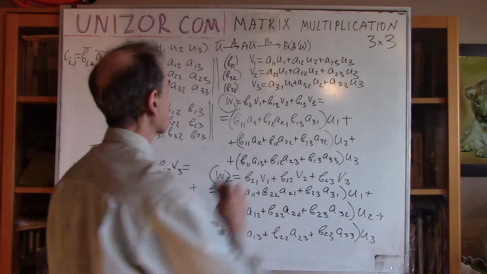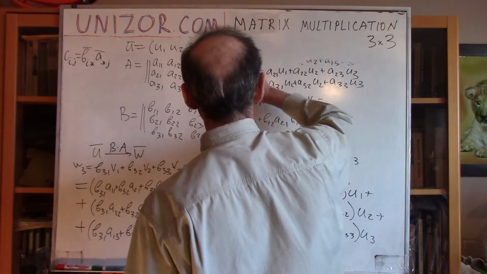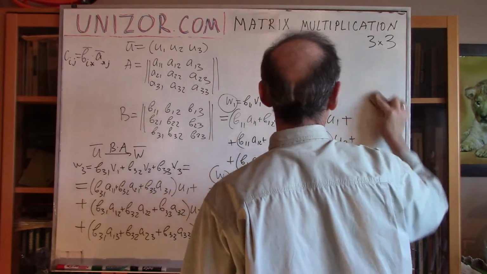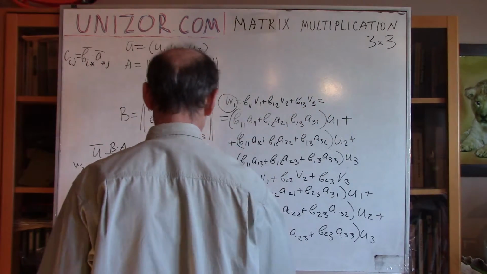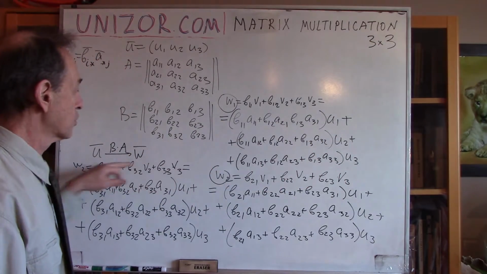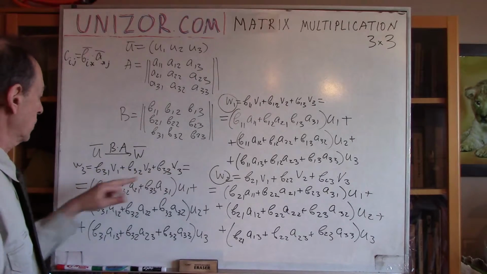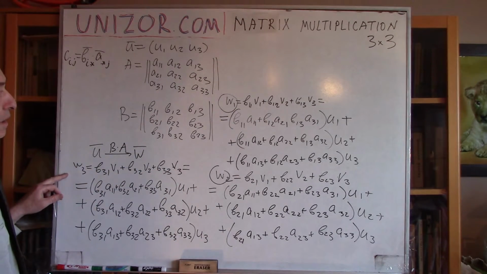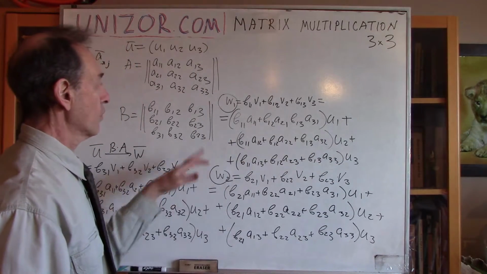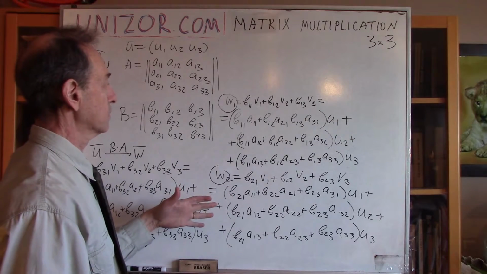all the coefficients of the matrix which we are looking for, which transforms vector U into vector W. So we have W1, W2, and W3 as a linear function of U1, U2, and U3. So what would be the matrix itself?